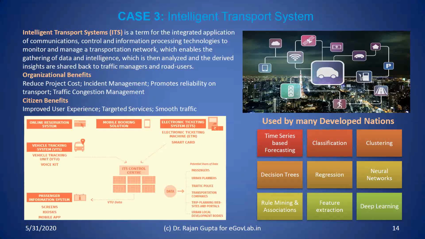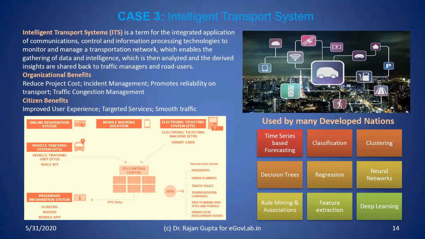So as I've shown in the diagram over here on the left bottom of the screen, we have various kinds of tracking systems involved in the public and the private vehicles. We have certain electronic ticketing systems which help us in analyzing what numbers are traveling, what numbers are using this kind of transportation system at a particular time.